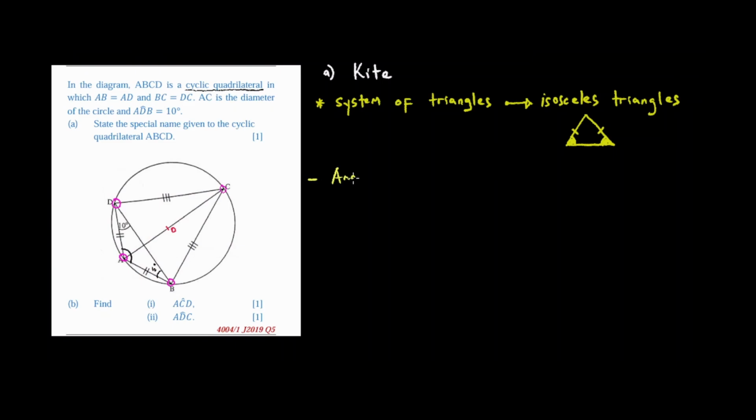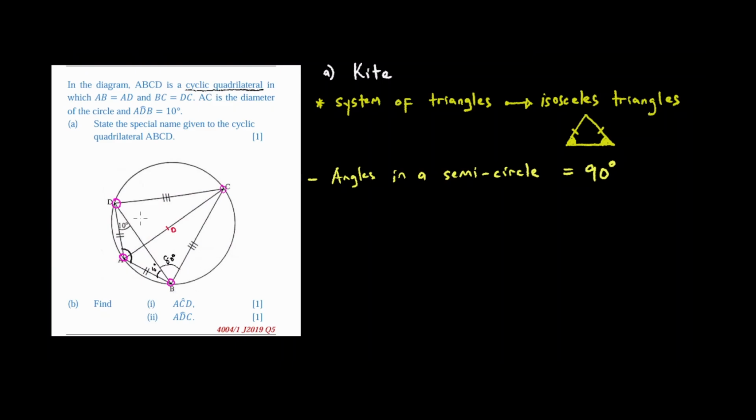Then I can look and see that there is a principle I can apply here which says angles in a semicircle are equal to 90 degrees. So if angles in a semicircle are 90 degrees and a semicircle is formed by a diameter, AC is the diameter, which means this angle B, or angle ABC, should be 90, which means this remaining part is obviously going to be 80 degrees.